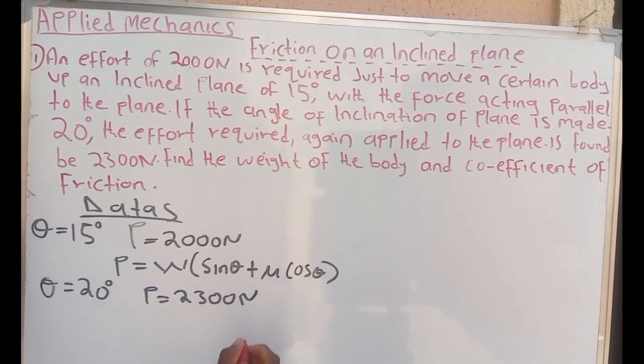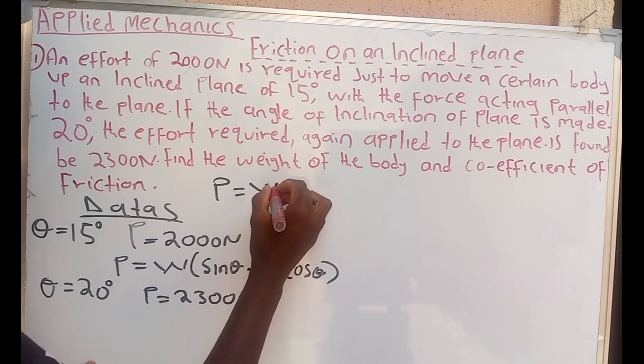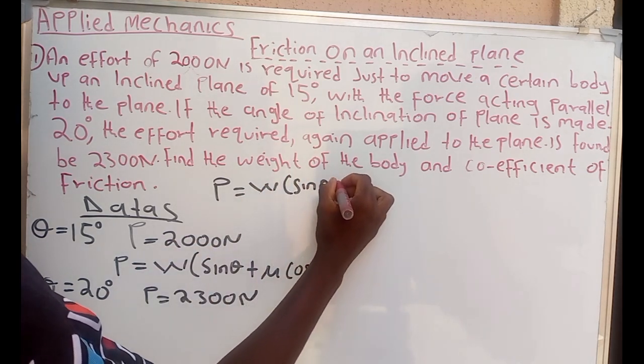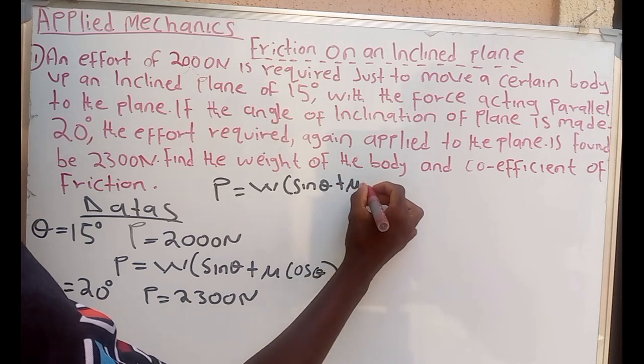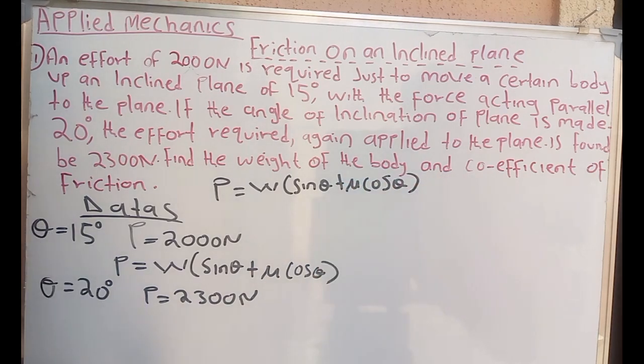Therefore P should be 2300 newtons. Again, we have the general formula: P equals W times sine theta plus the coefficient of friction times cos theta.